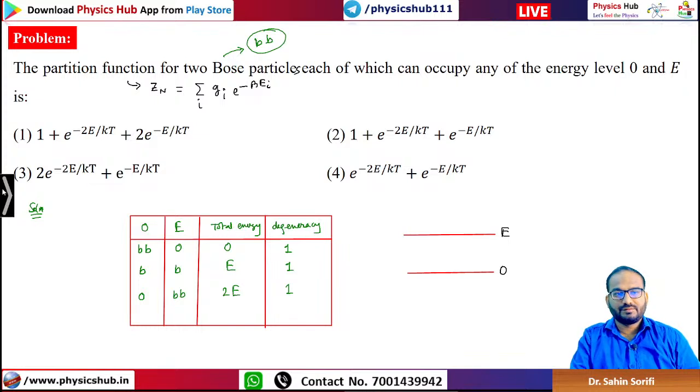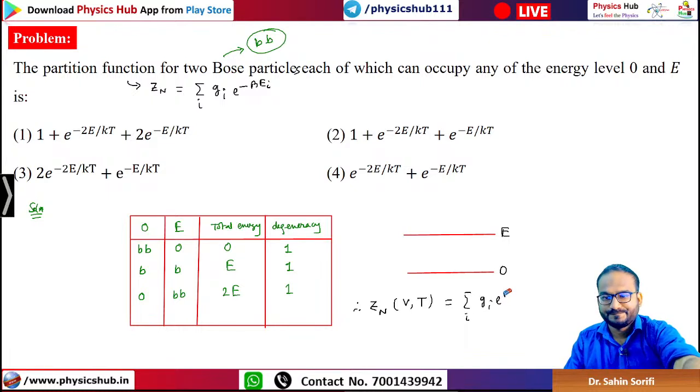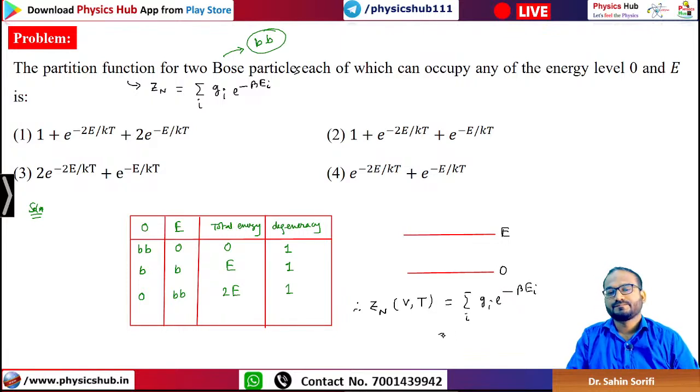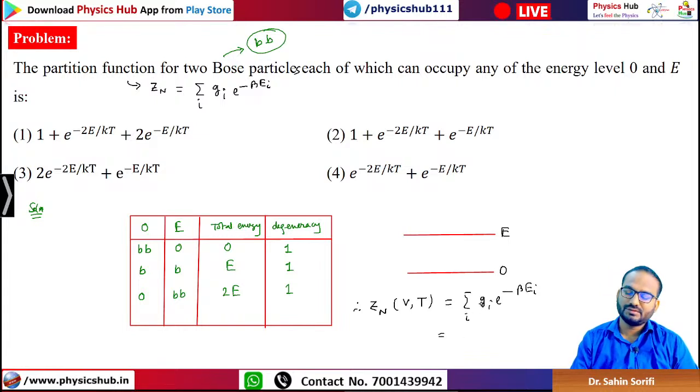Okay. So, what is the partition function for this system? Zn. Look, the partition function is a function of volume and temperature. Zn is a function of V, T. This equals the sum over i of g_i e to the power minus beta E_i. You can start from 1 also.